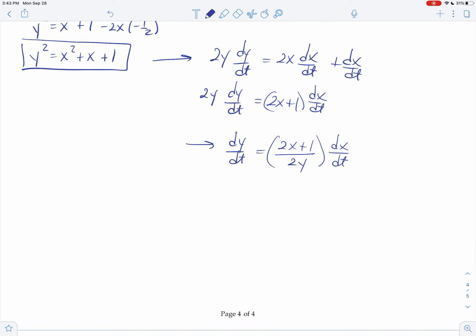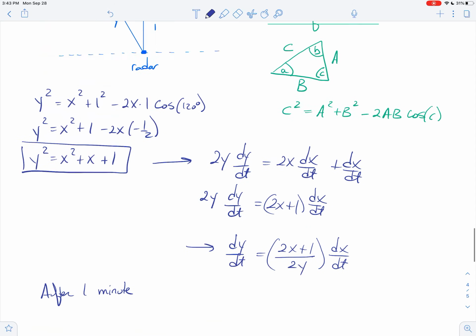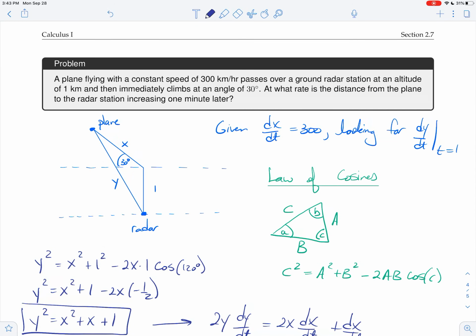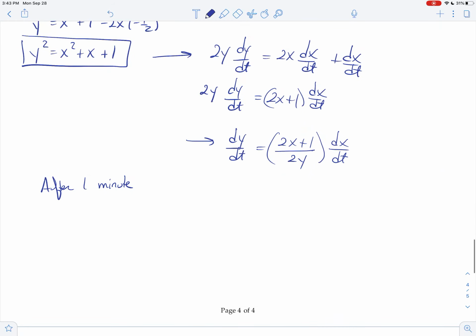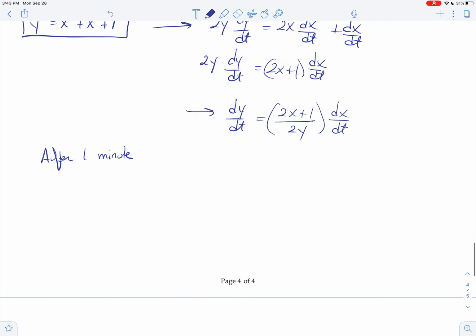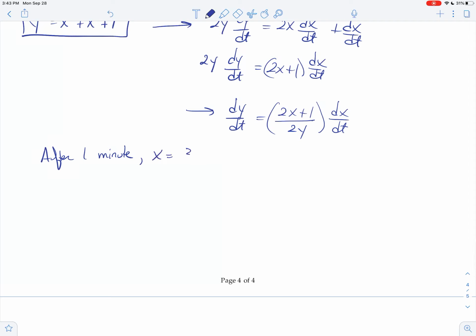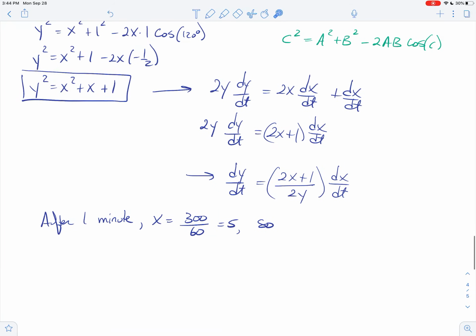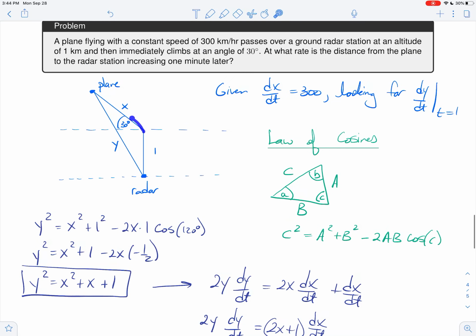After 1 minute, if we're flying 300 kilometers an hour, we can say, well, if 1 minute has passed, you've traveled 5 kilometers. That means 300 kilometers every 60 minutes, which boils down to 5 kilometers every minute. So after 1 minute, x is 300 divided by 60, which is 5. So looking at our formula, x is 5. You've traveled a distance 5 along here.